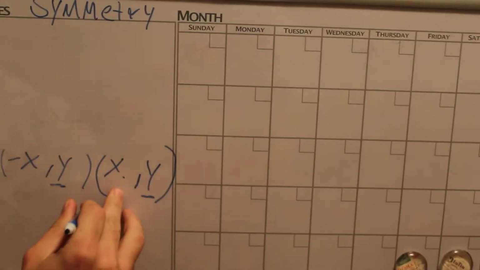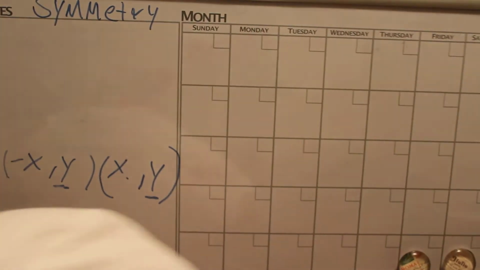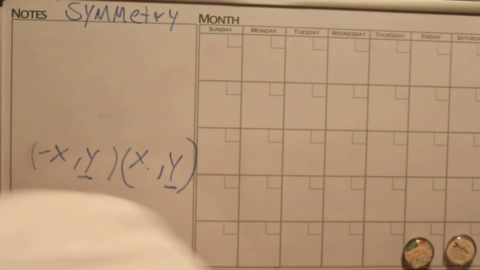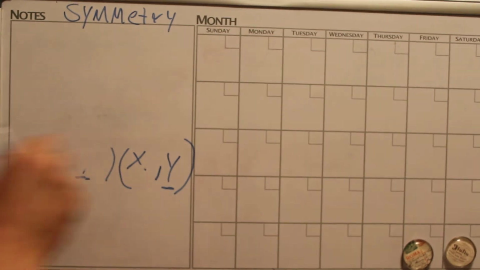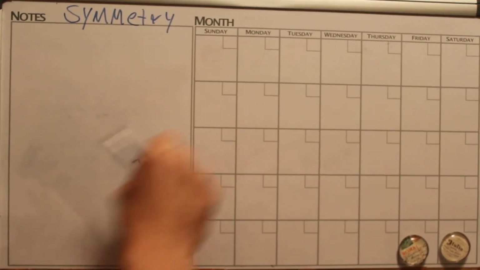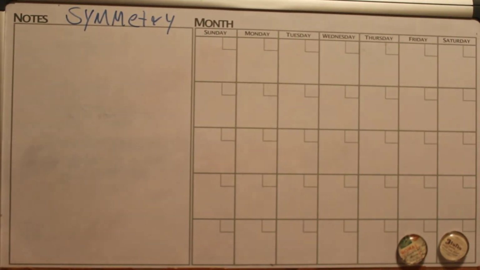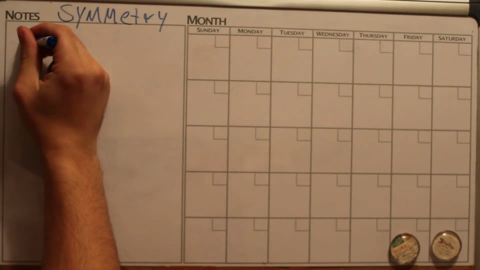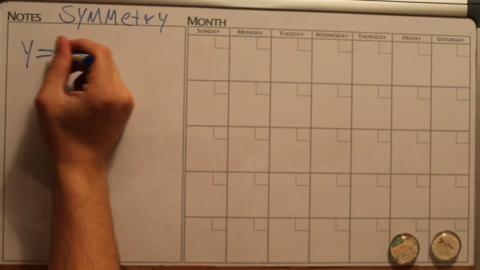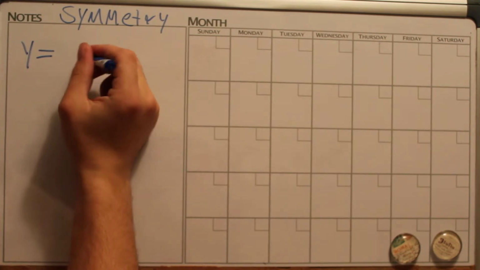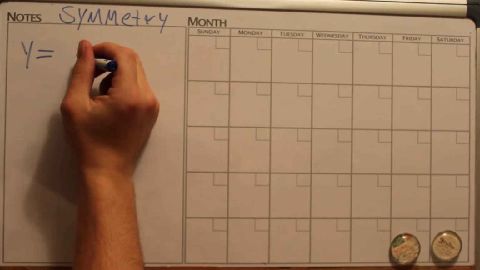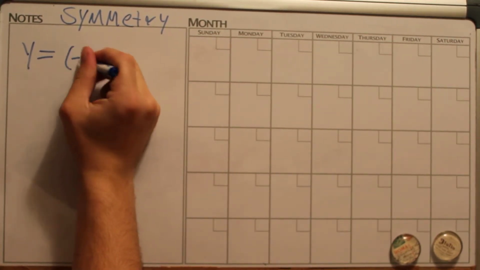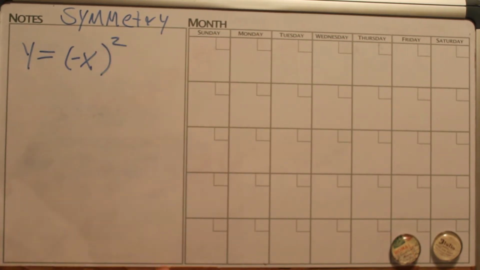Now moving on to x-axis of symmetry. X-axis of symmetry would look something like this. So y equals, say, negative x squared.